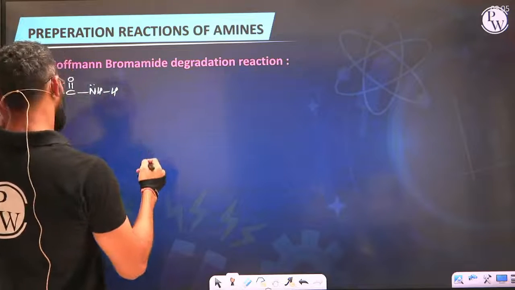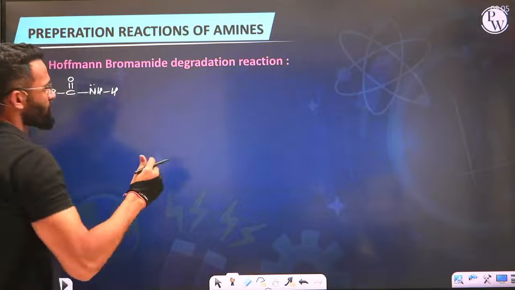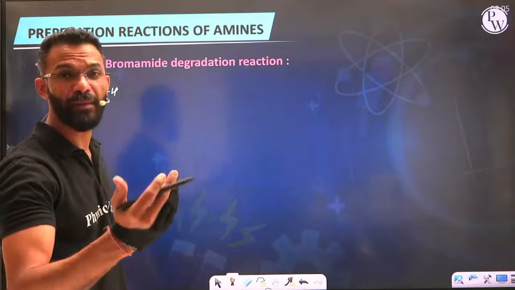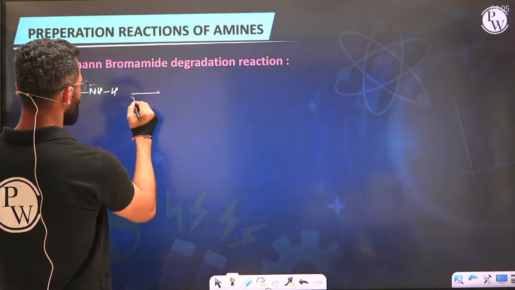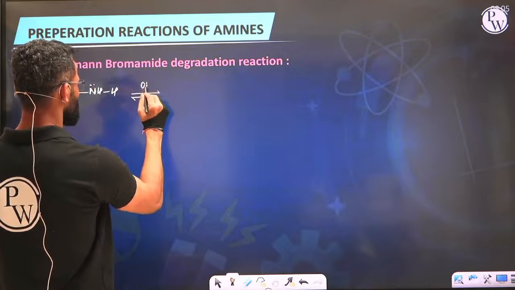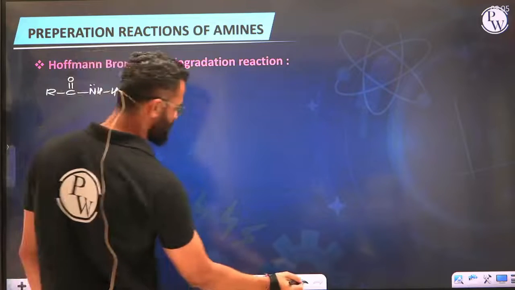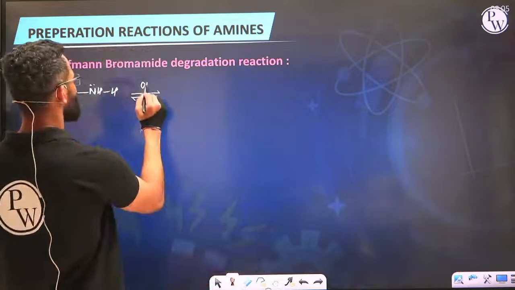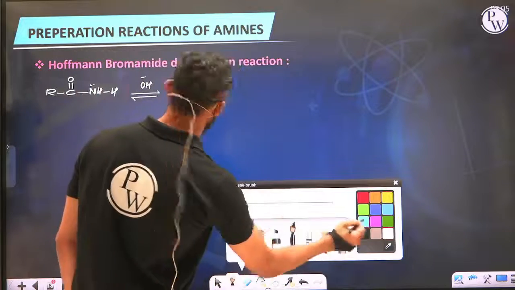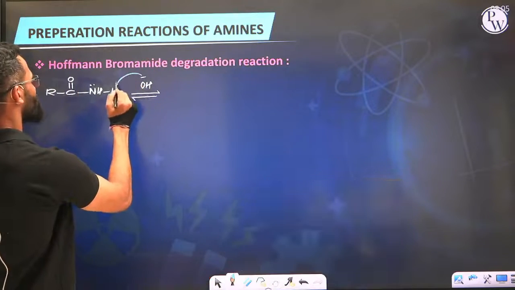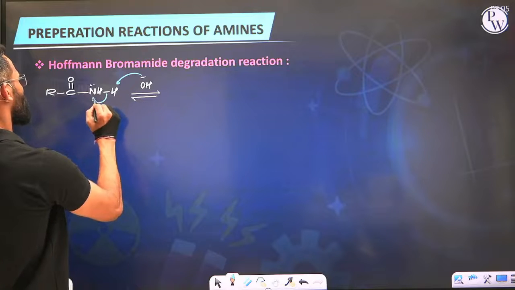So what we are doing is allowing this to react with Br2 in the presence of base, OH minus. This base will abstract hydrogen, and the bond pair will go back on nitrogen.